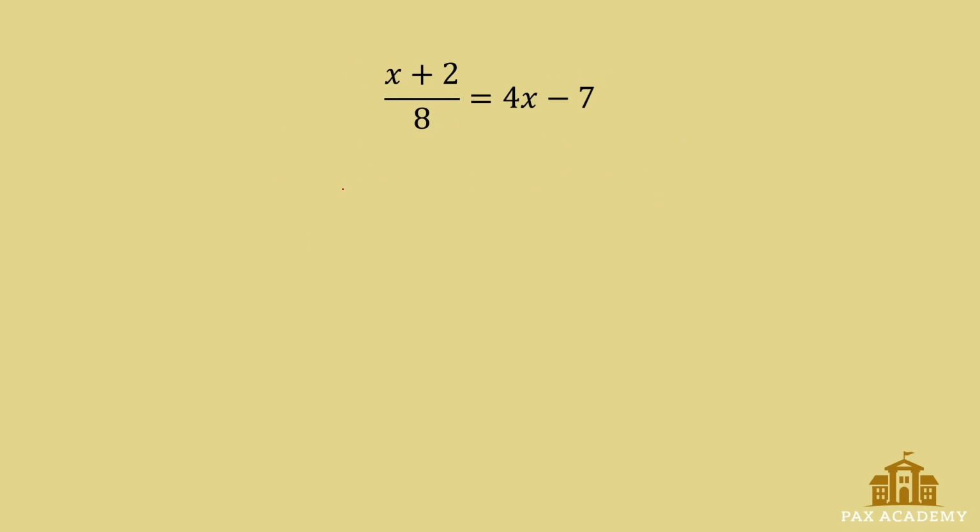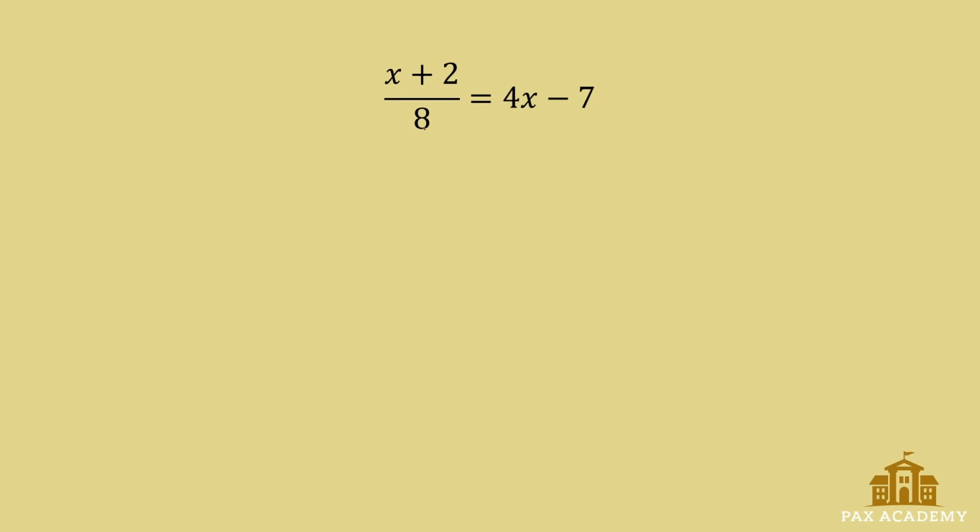And then what about this one? We have a fraction in this case. This equation reads x plus 2 divided by 8 is equal to 4x minus 7. Okay. So again, when we have a fraction, we always first need to get rid of the fraction. In order to get rid of fractions, we need to multiply every term of the equation by whatever's on the bottom of the fraction.